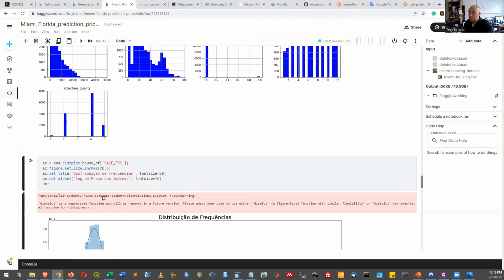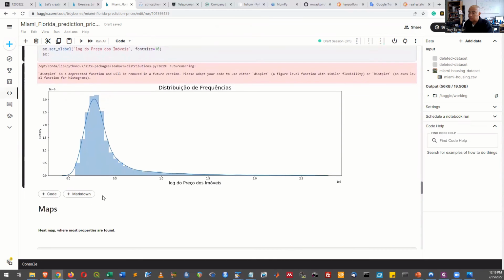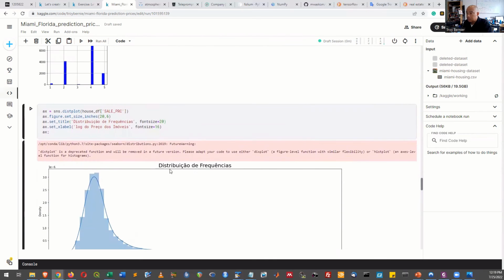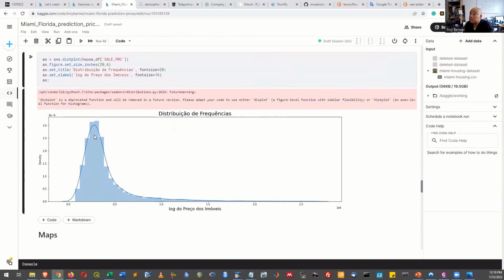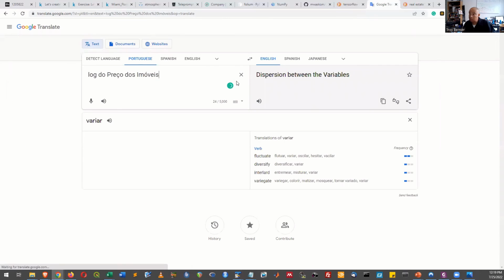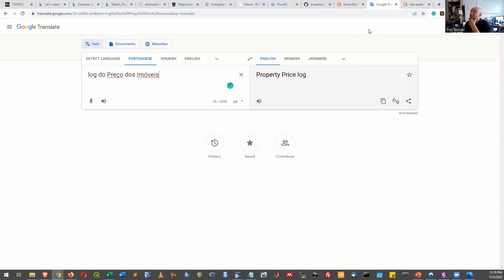It's a warning. And this is distribution of frequencies. This is in Portuguese. This is distribution of frequency, which would be property price log.